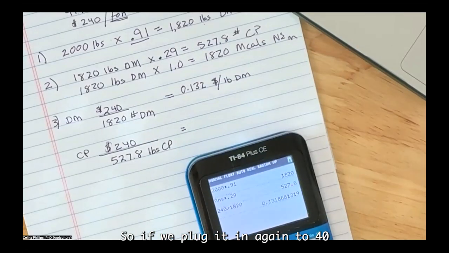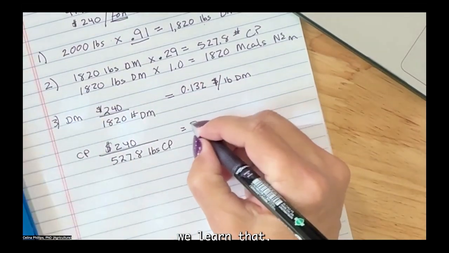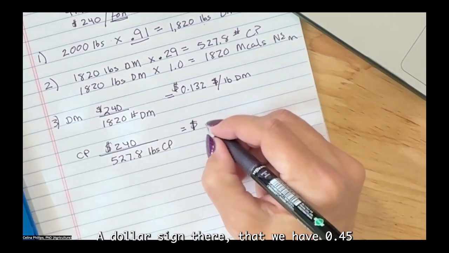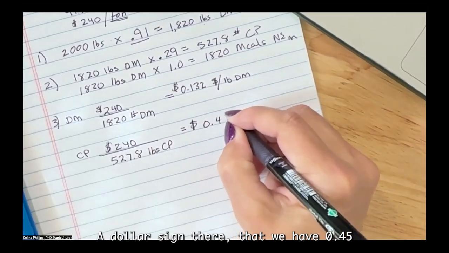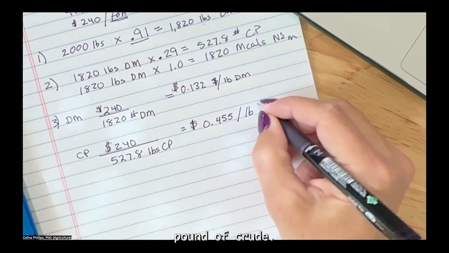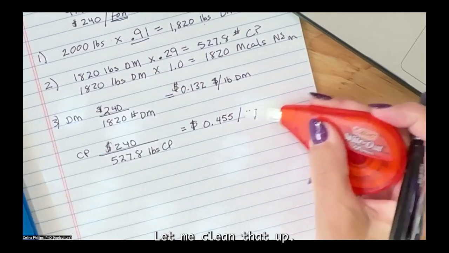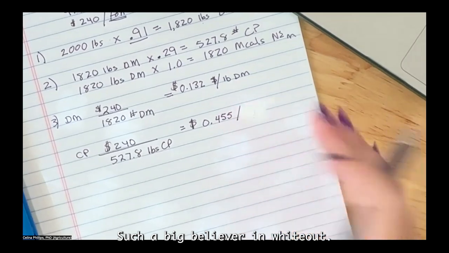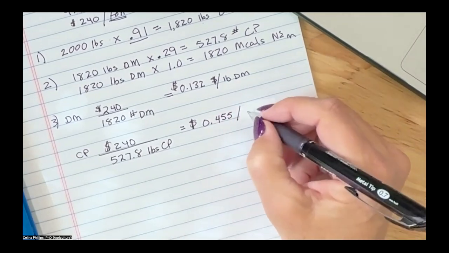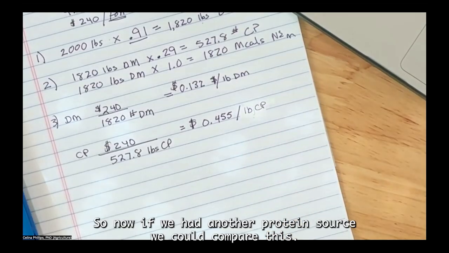So if we plug it in again, 240 divided by 527.8, we learn that, put a dollar sign there, that we have 0.455 dollars per pound of crude protein. Let me clean that up. I've become such a big believer in whiteout. Per pound of crude protein. So now if we had another protein source, we could compare this.